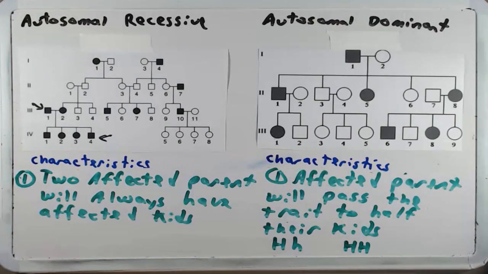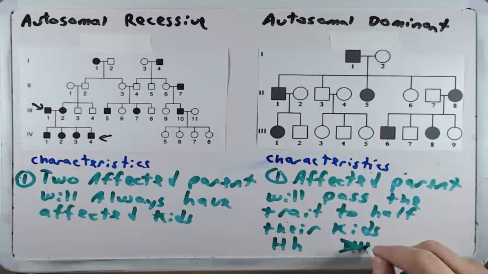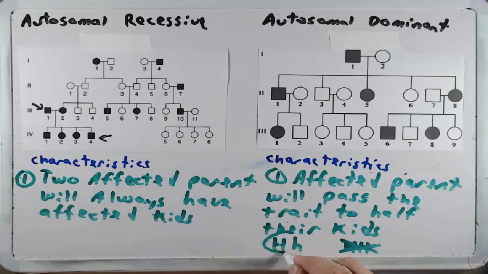Now, in practice, homozygous dominant individuals for autosomal dominant traits are extremely rare. Usually, these kinds of traits are lethal, particularly in something like Huntington's disease. For our purposes in this class, if I'm talking about an autosomal dominant trait, you can assume that they are heterozygous, unless I state otherwise. But if I don't state otherwise, assume it's heterozygous.